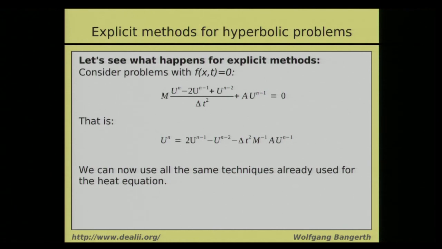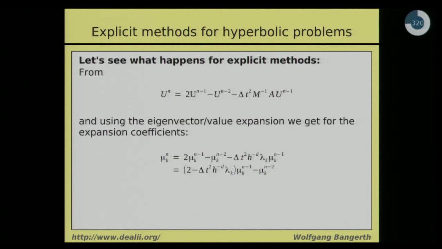So to this representation, I would now like to apply the same technique that we talked about in the previous lecture, namely the expansion into eigenvalues and eigenvectors of the Laplace matrix. So I have this recursion to compute u^n from u^(n-1) and u^(n-2).